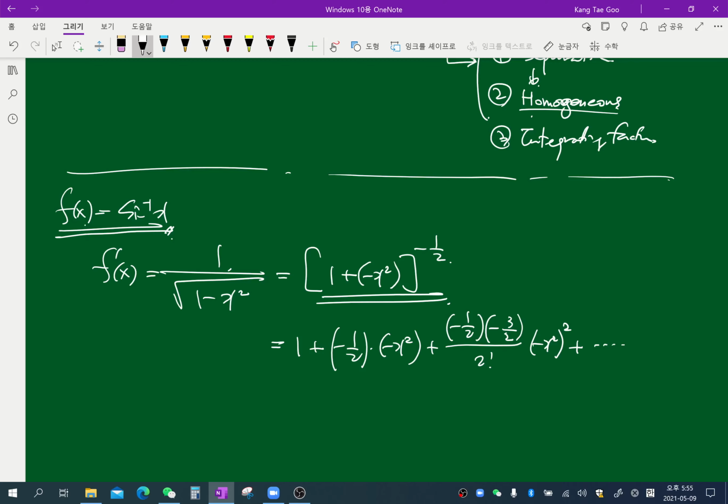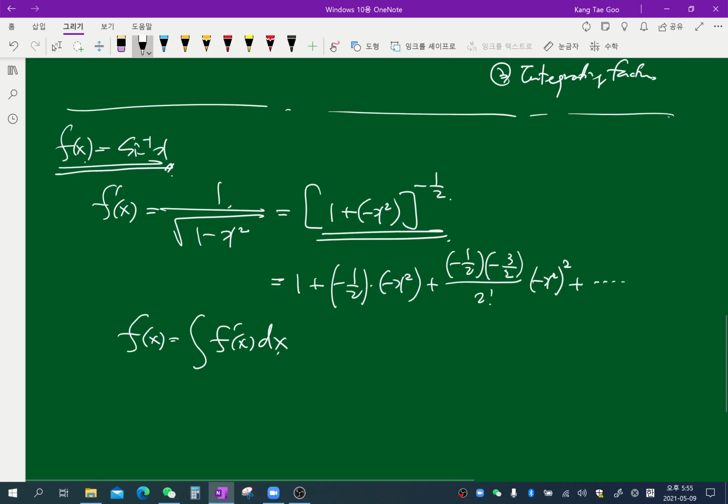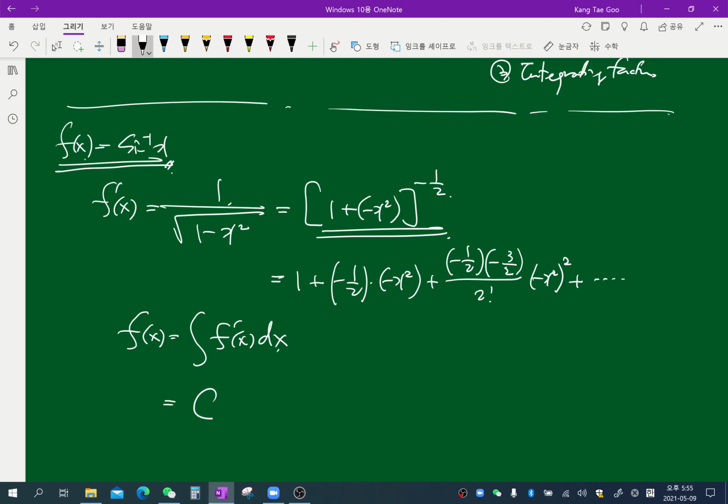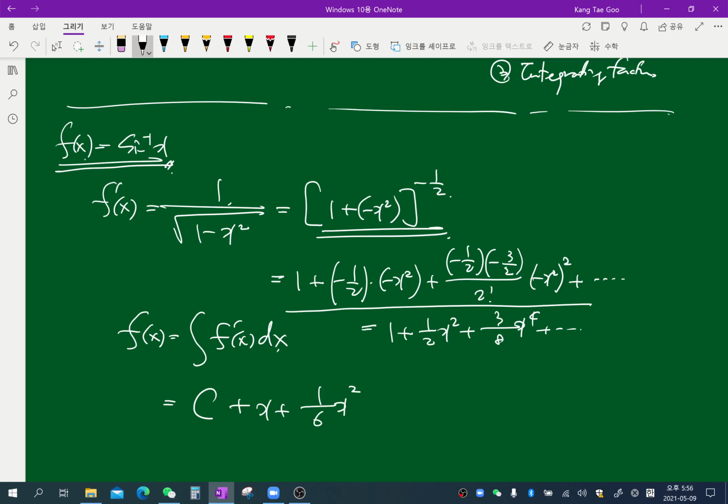Then how can we get f(x)? f(x) is the integration of f prime x, so we should have a constant, right? And then we can integrate these. If I simplify this one more time, then we have x plus 1 over 6 and 3 over 40.